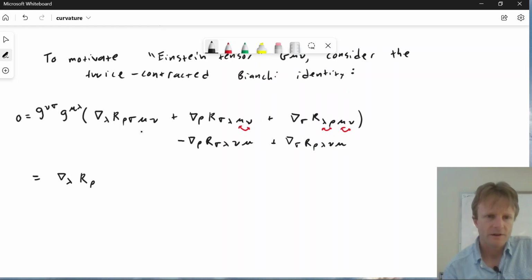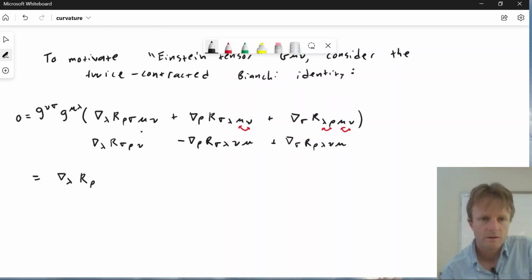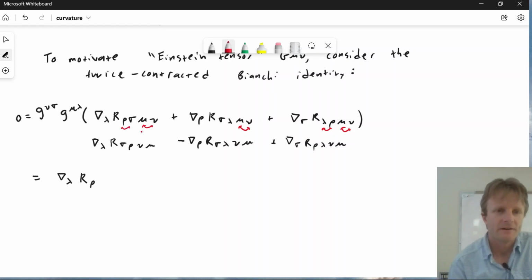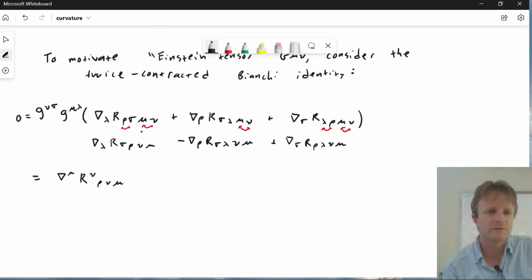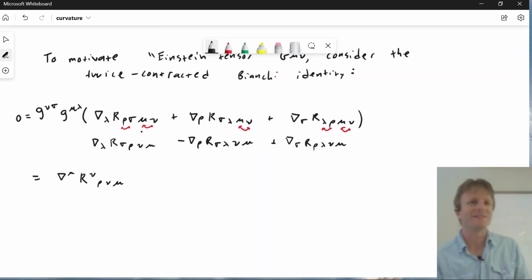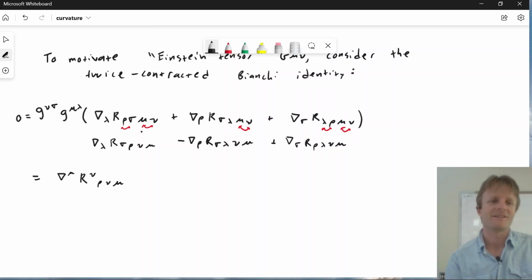Maybe it'll be clearer if I swap this one too. Let's write this as plus del lambda R sigma rho nu mu, again swapping those two index pairs, so it's a plus sign. And now it's a little clearer. So now it's more simple: g mu lambda here, raise the index on the derivative operator. Done. Okay, very good.